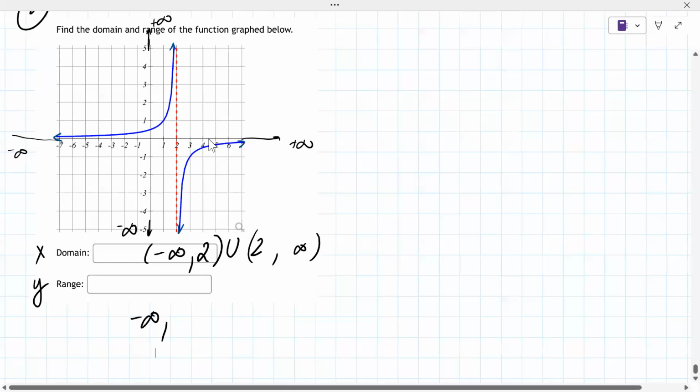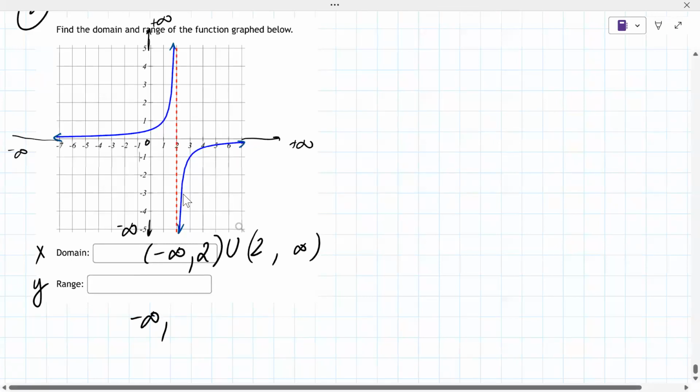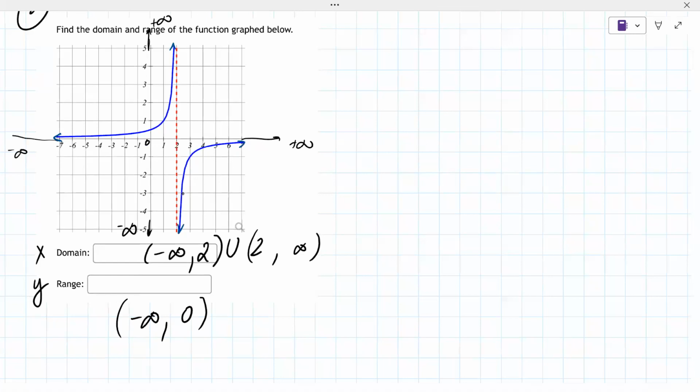Is it infinity? Infinity's up here. It does get there, but see how it's broken apart, going to the right. So what is the y value that it's approaching here on the x axis? Zero.